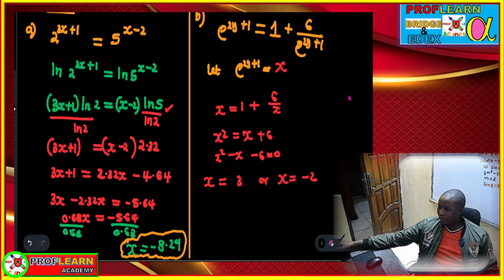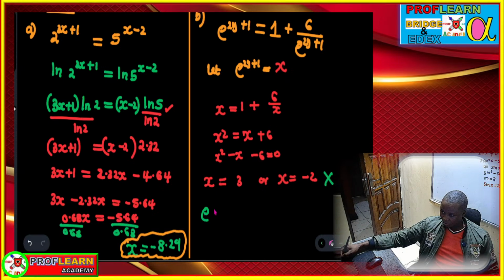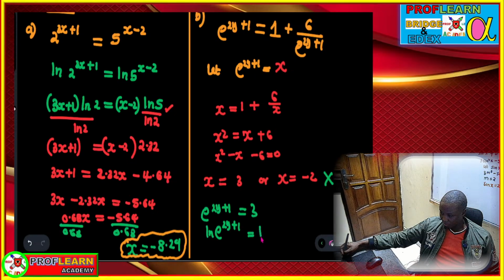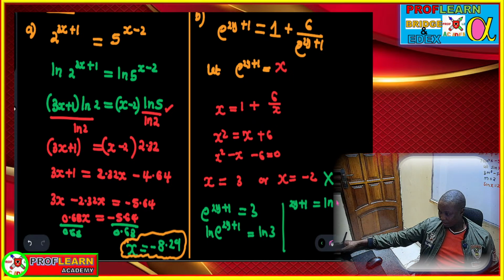There is no way you can raise an exponent and get a negative number, so we shall ignore this. We shall say e to the 2y plus 1 is going to be equals to 3. So in order to solve this, we shall introduce ln both sides. So we shall say ln of e to the 2y plus 1 is equals to ln of 3, which means that 2y plus 1 is equals to ln of 3.